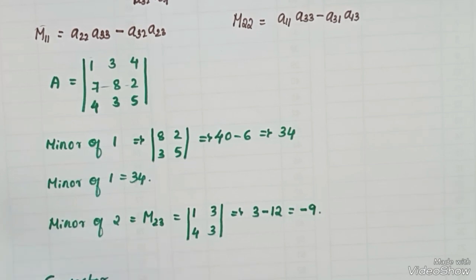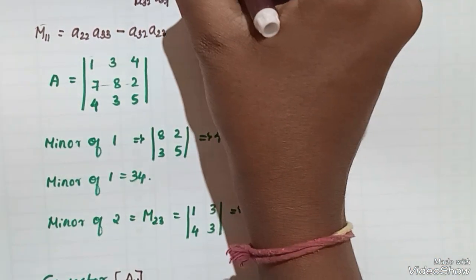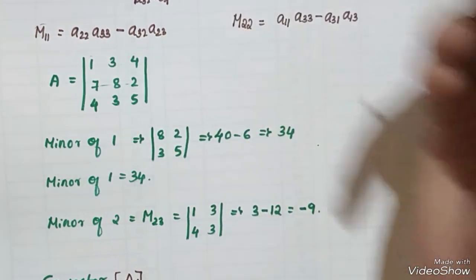Cofactor can be represented by a capital letter A, Aij, and minor can be written as Mij.